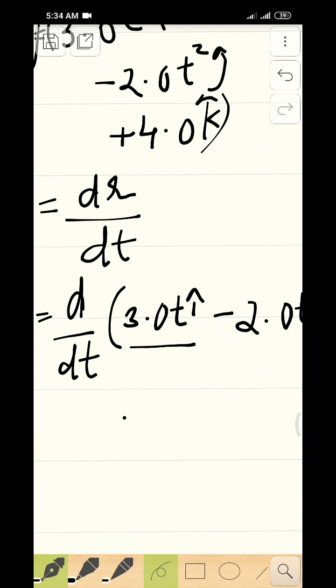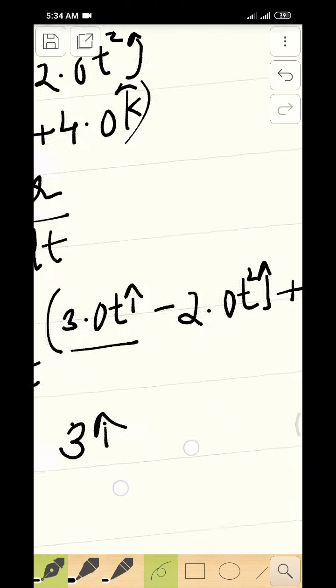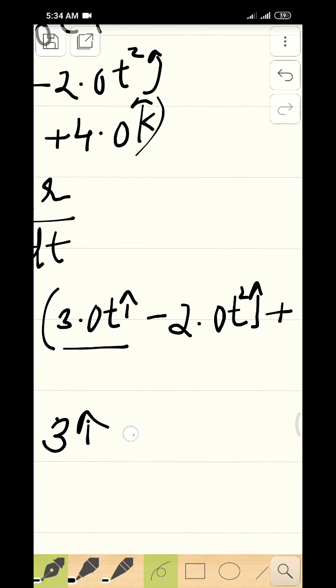So d by dt of 3 t i cap is 3 i cap, since d by dt of t is 1. Minus d by dt of 2 t square j cap, where 2 j cap is the constant, and d by dt of t square is actually 2t.